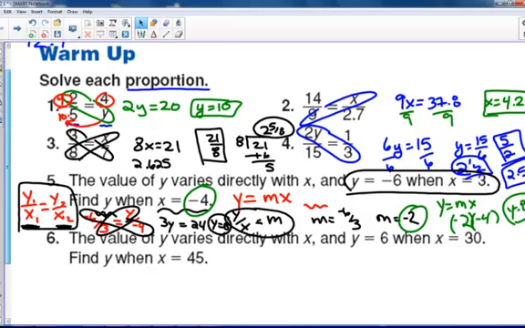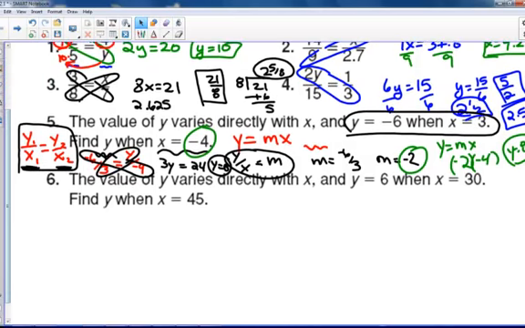So for the next one, if you want to just use the proportion, you can. Or you can use the thinking of solving for m and finding the missing x or y. So I'm going to go ahead and do 6 over 30. And I know this because it says direct. It's supposed to be a 30. So y over x.